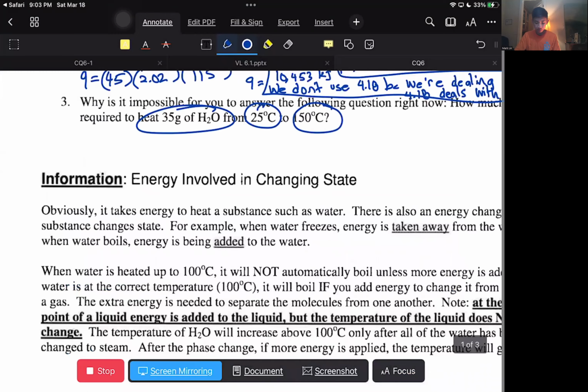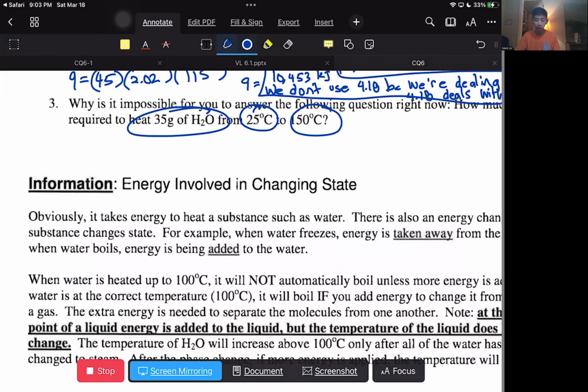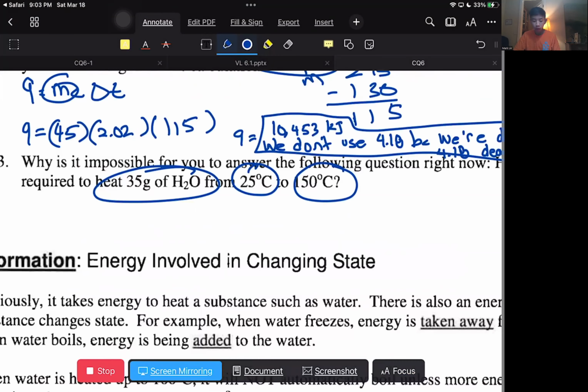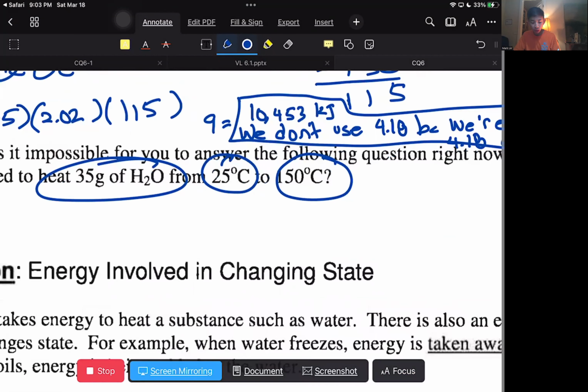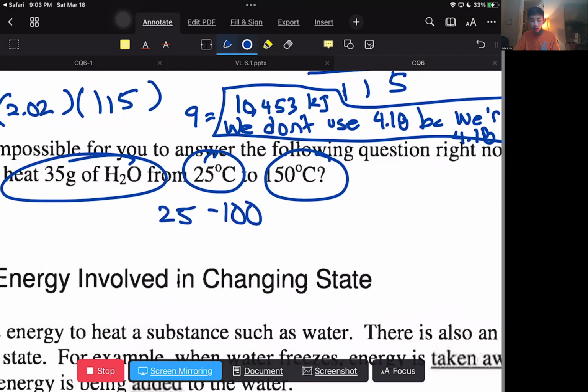When we go through a phase change, we can't just use 4.18 or 2.02 as we did for water and steam. We have to go from 25 to 100 and then 100 to 150.